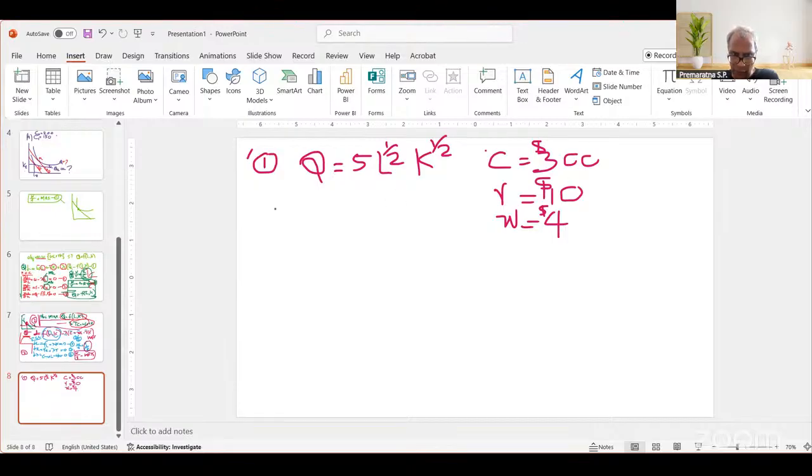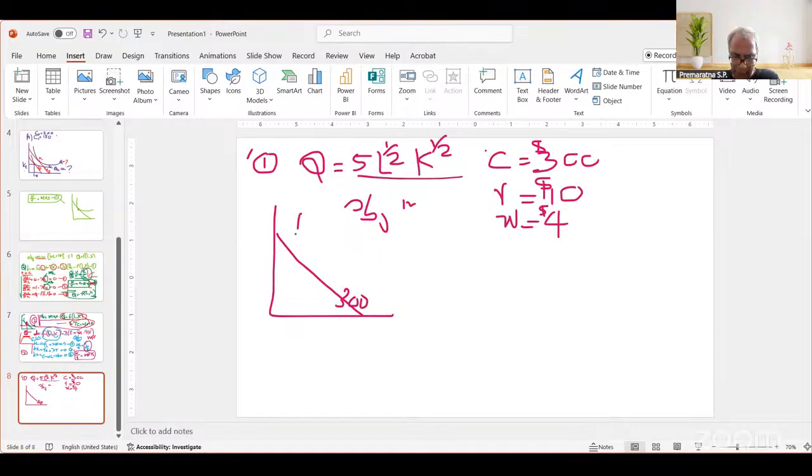Here the cost is given, so you have to do the maximization. Your objective becomes maximizing output.